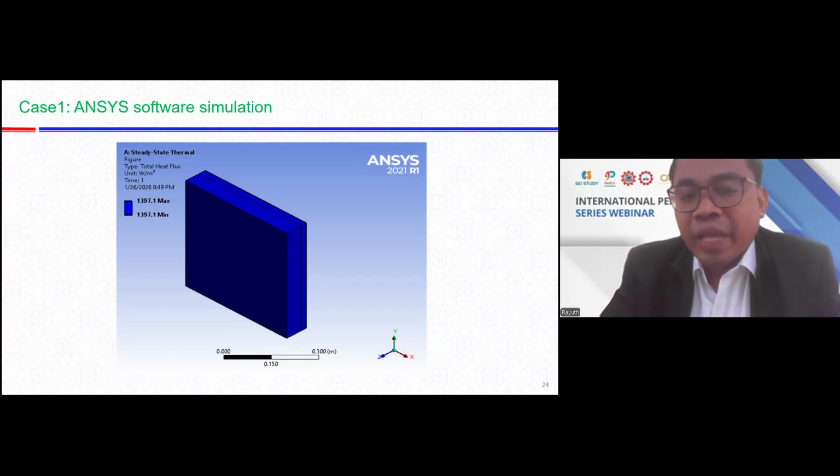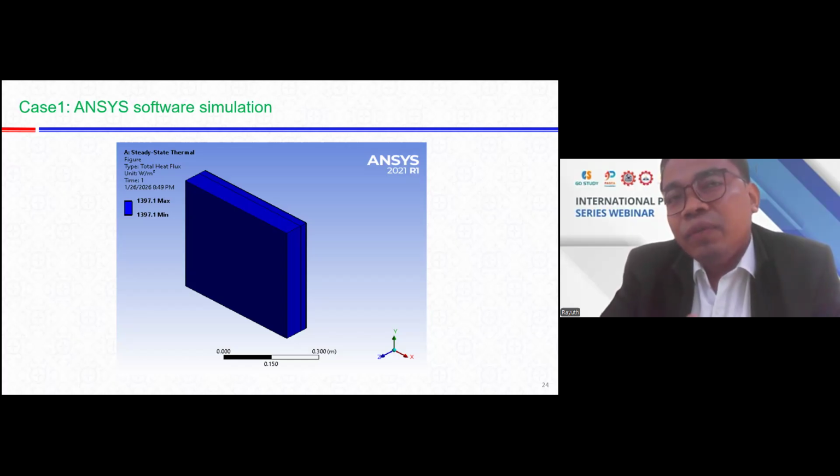We have to do 1D or 2D first, and when you have the modeling file, you can draw it in the ANSYS software as well. Or you can use another software like SolidWorks, Fusion 360, Solid Edge, or CATIA for modeling.